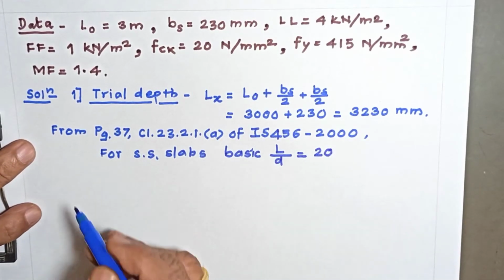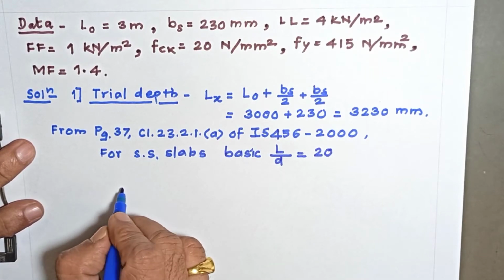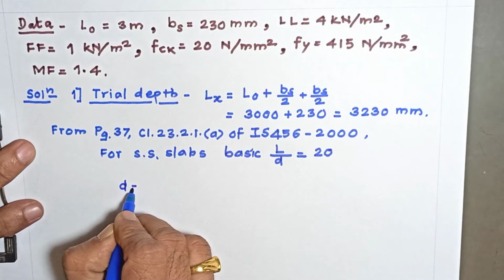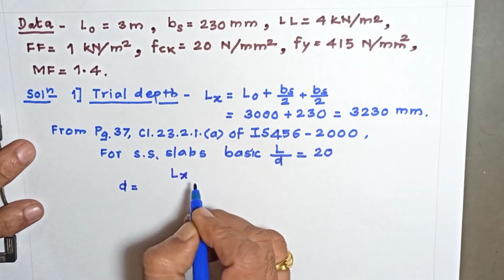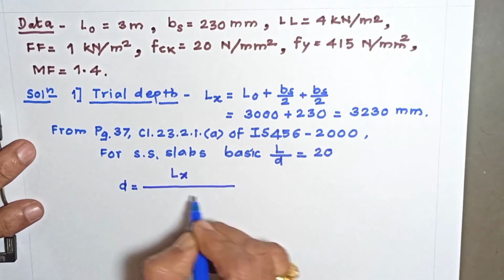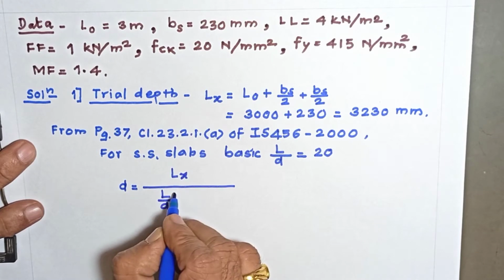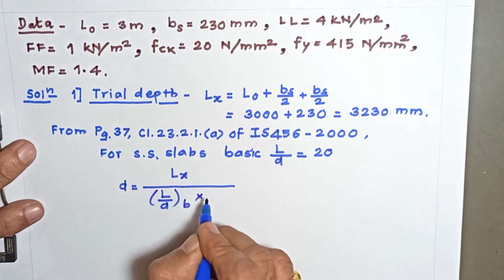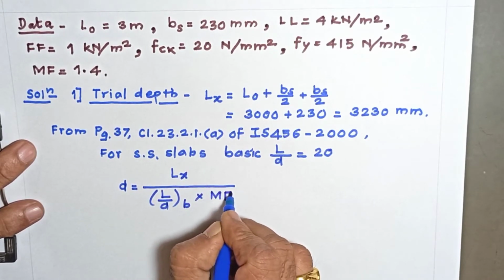Now we want to find out trial depth. So what is trial depth? The effective depth small d is equal to Lx upon L by D basic multiplied by modification factor, which is given in this particular problem.